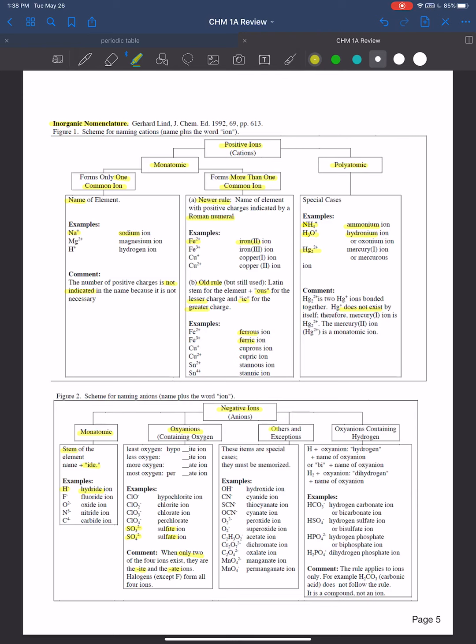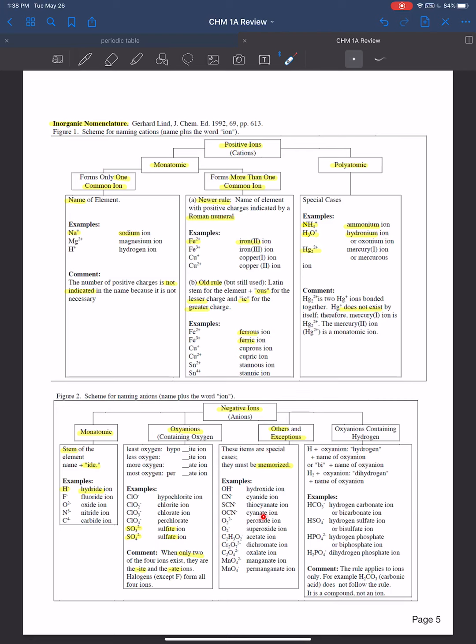Now there are exceptions and other polyatomic ions that you'll need to learn. For example, hydroxide, very common, OH-; cyanide, CN-; and thiocyanate, which looks like cyanide but has a sulfur in it. Thio represents sulfur.